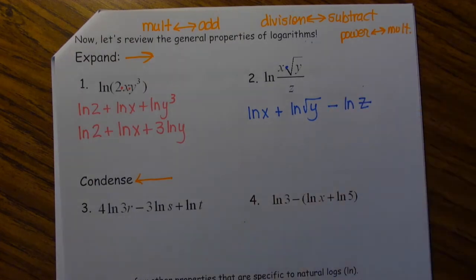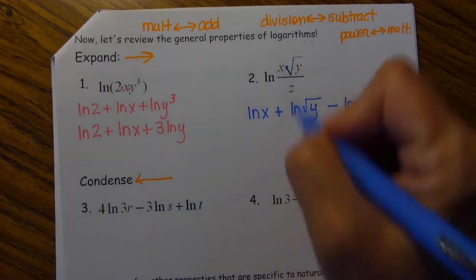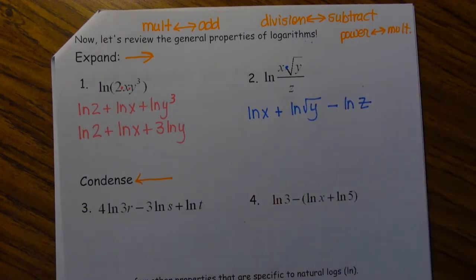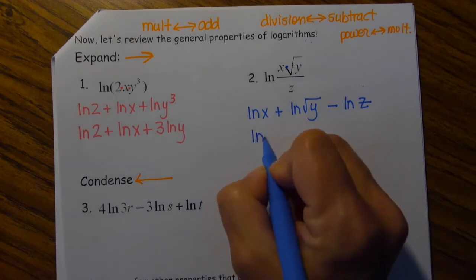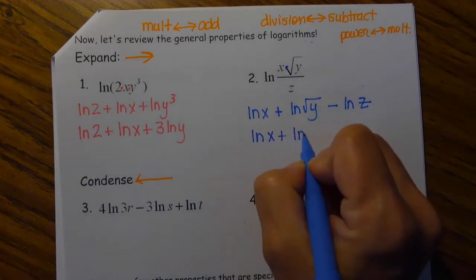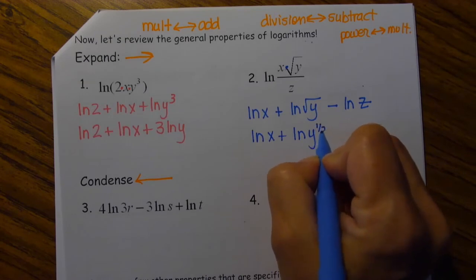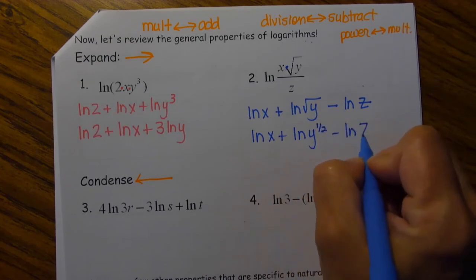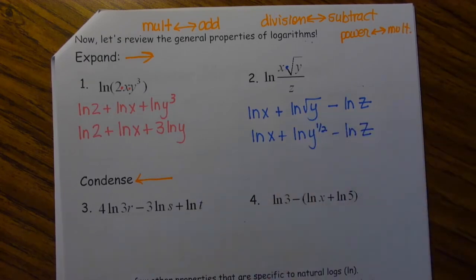So I'm going to write out every step and you'll see it, and then you'll be able to do it in one quick step. But in our notes, we don't want one quick step, right? Your notes are to you for later. So that's ln x plus ln y to the 1/2 minus ln z. We need to always see roots as powers, fraction powers. A square root is a 1/2.